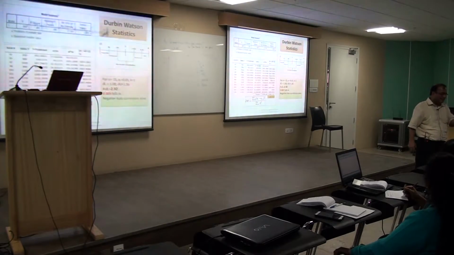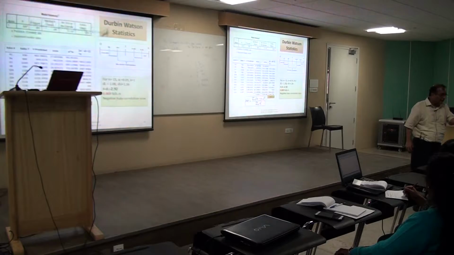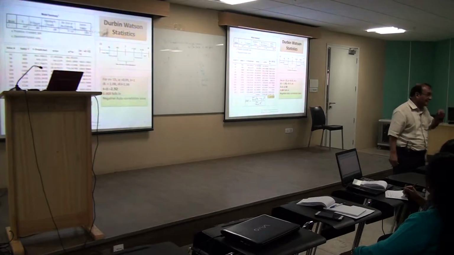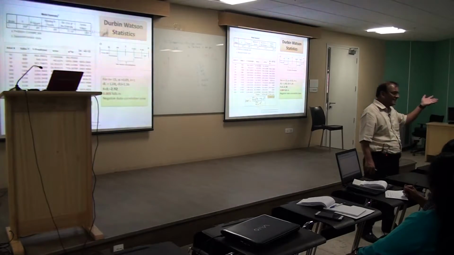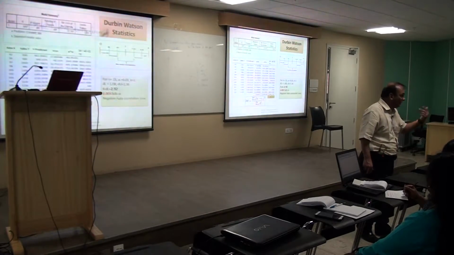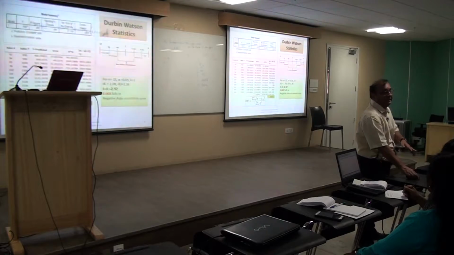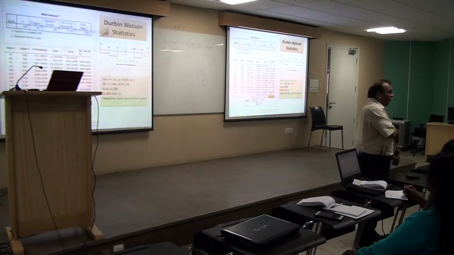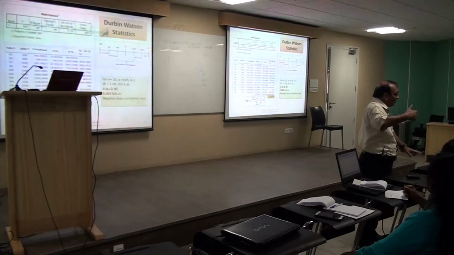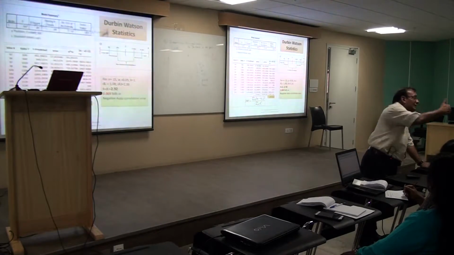Just guess. 28. What was yesterday's temperature? Just guess. 27. So today is 28, yesterday was 27. Can you apply common sense and say that today's temperature is correlated with yesterday's temperature?